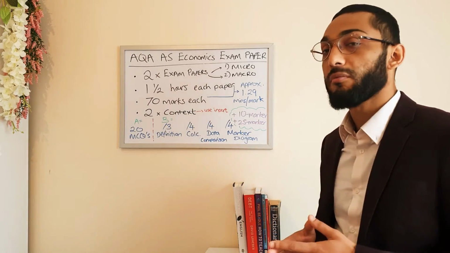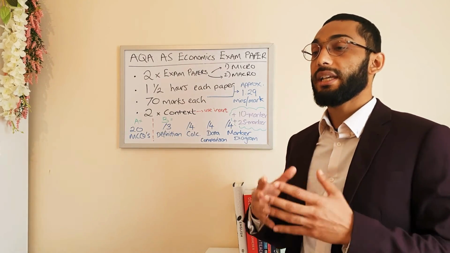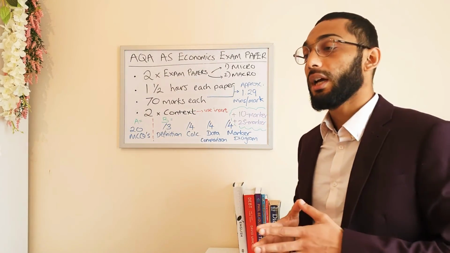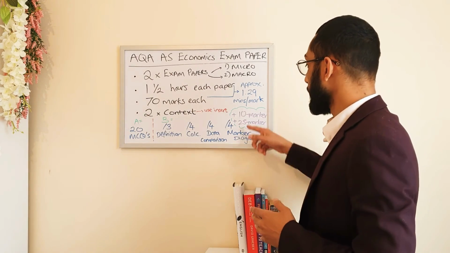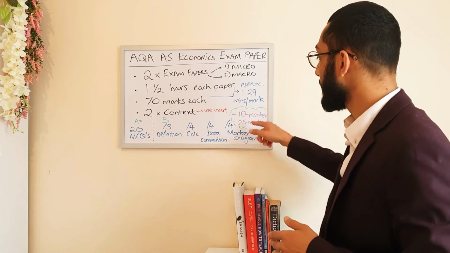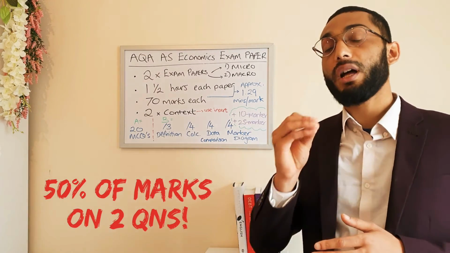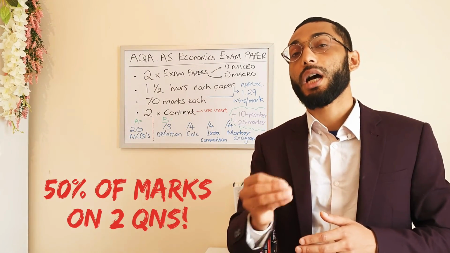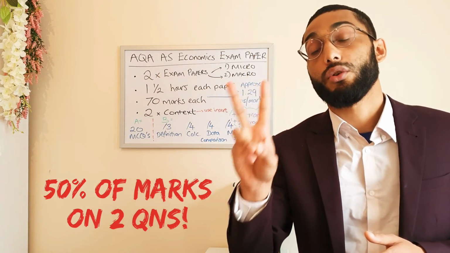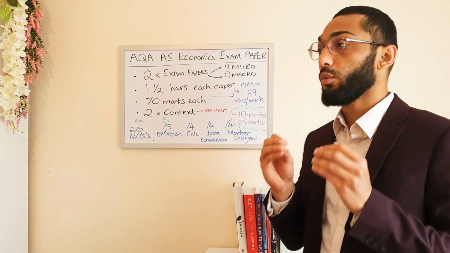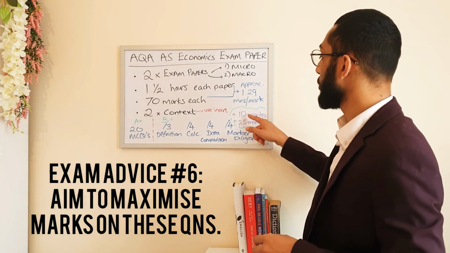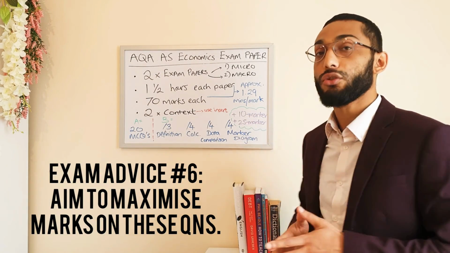Essentially, the 25 marker is an economic argument, a for versus against argument that you need to develop. So here we are, 35 marks: 10 out of 25. Half of the marks of each paper are on 2 questions, guys, on 2 questions. Strategically, what you want to do is maximize your marks especially in these 2 questions.